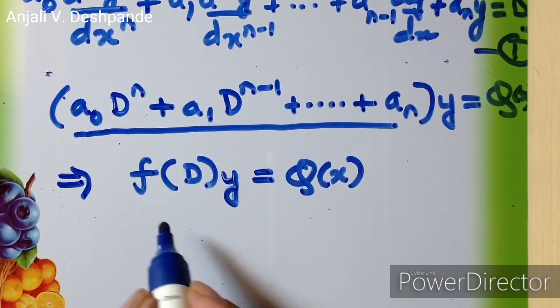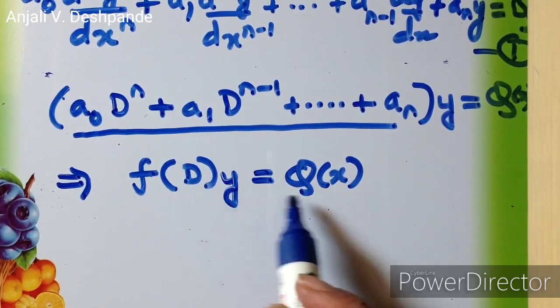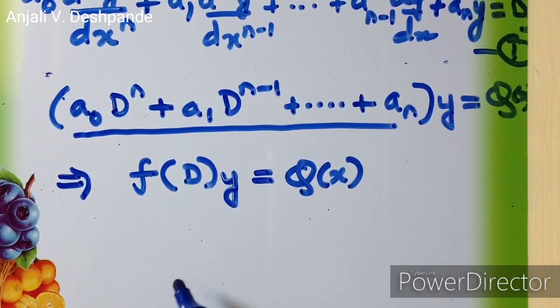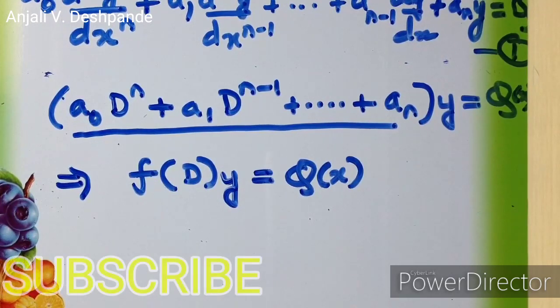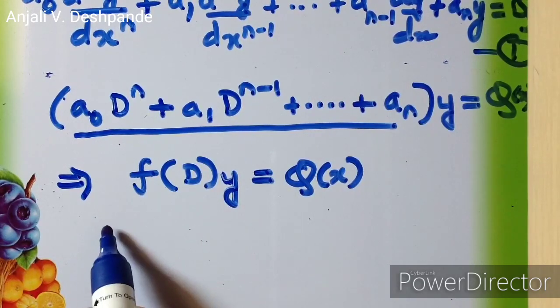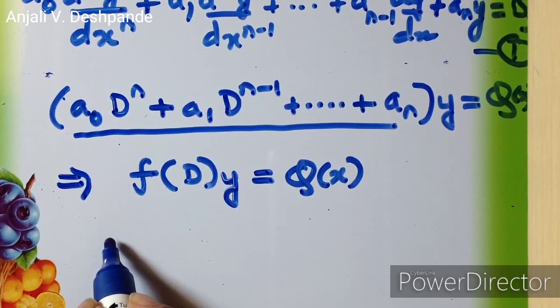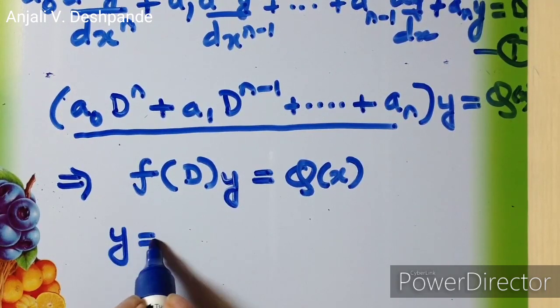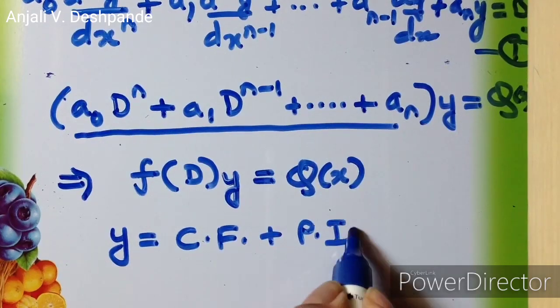So after this we have to see how to solve the nth order linear differential equation with constant coefficients. For this, the solution is given by finding out two things. Which two things? The general solution, which is also the complete solution, both are correct. You can say complete solution or general solution of this equation is given by y is equal to CF plus PI.